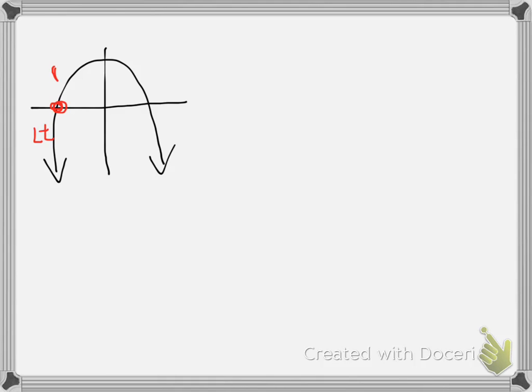And the right side is above it. Okay? But then, when you do it again to find this 0, it changes. Left will be above and right will be below. Because the graph exists to the left of that point above the x-axis.